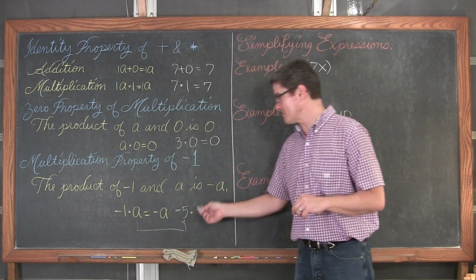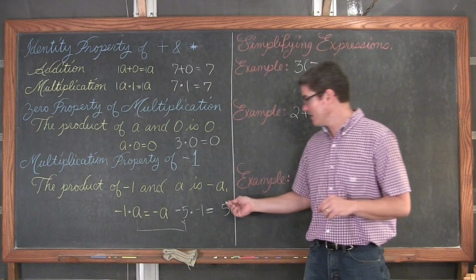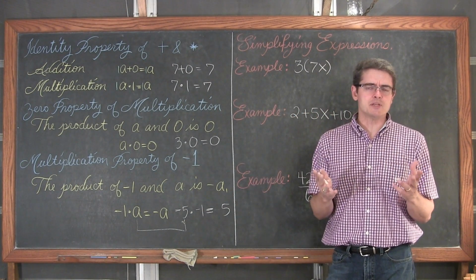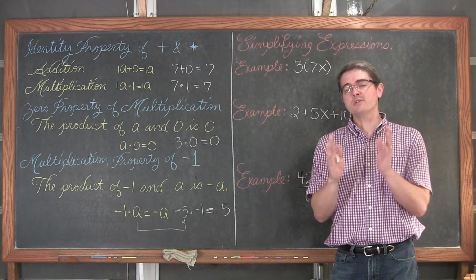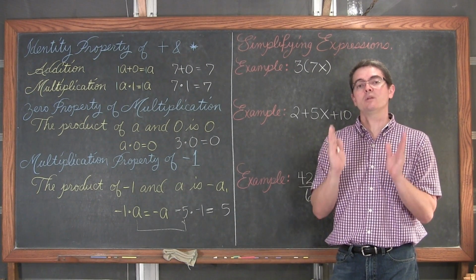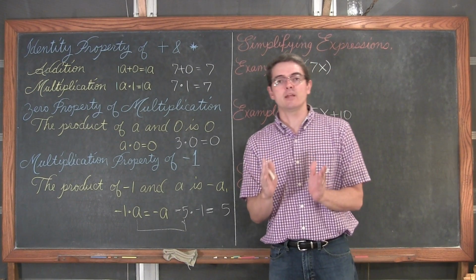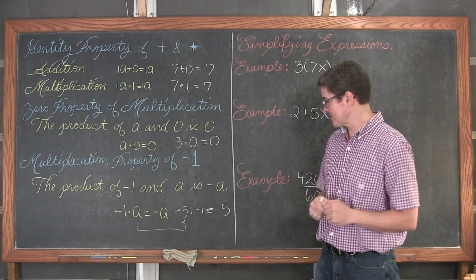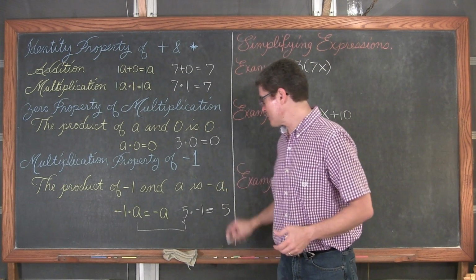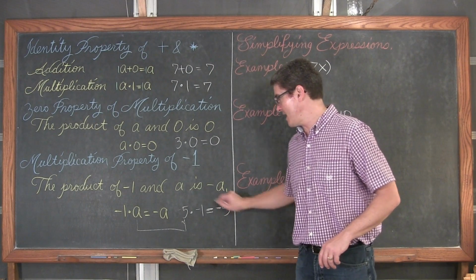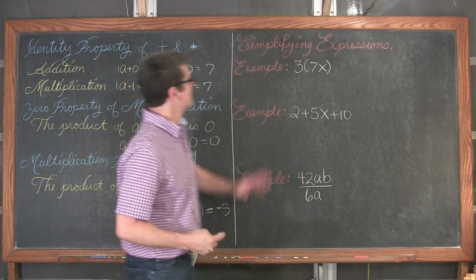So -5 times -1 is positive 5, because 5 is the opposite of -5. And by the way, with opposites, you know that two numbers are opposites when you add them and you get 0. Any two numbers added together that give you an answer of 0 are opposites. And again, if we start with that positive 5 and you multiply by -1, you get -5, which is the opposite of positive 5.